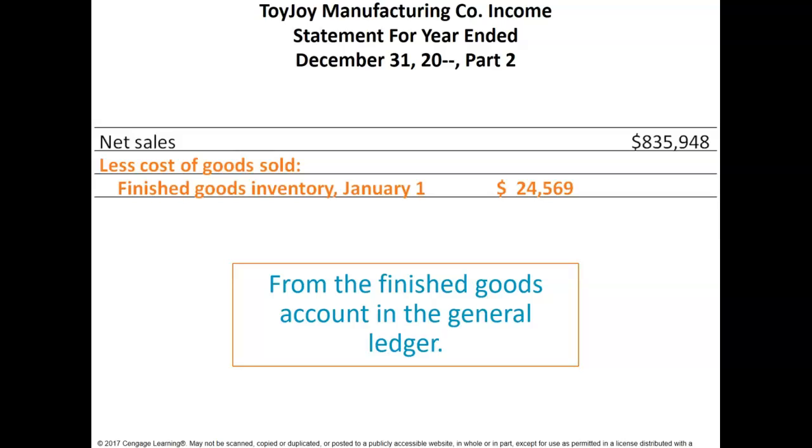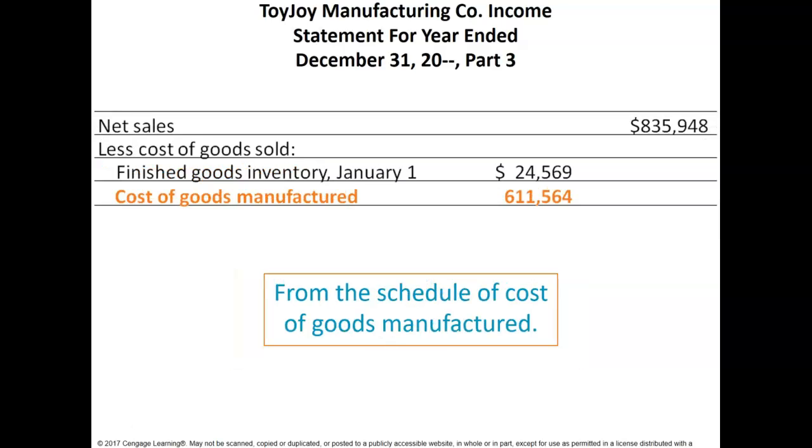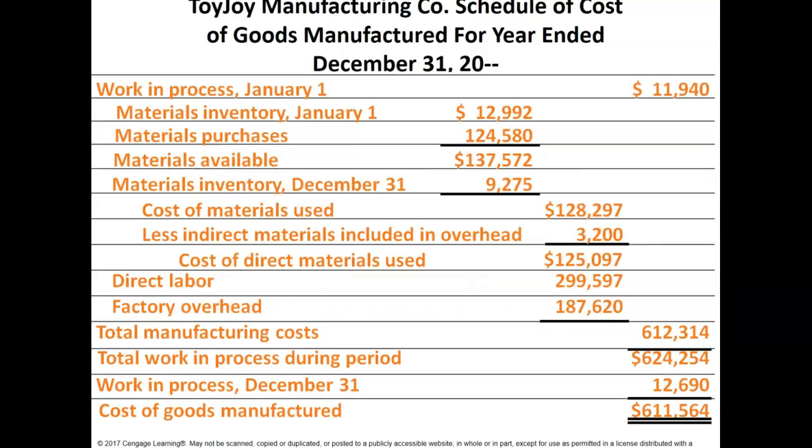And we have our finished goods inventory January 1, cost of goods manufactured. And then this gives us basically a subsidiary statement, or a supplemental statement, I guess I should call it, that calculates how we get to that cost of goods manufactured amount.